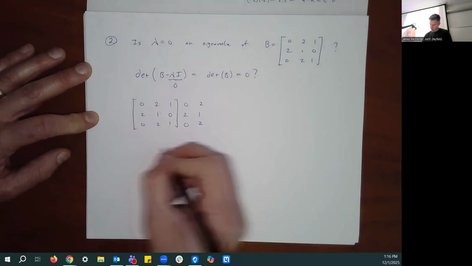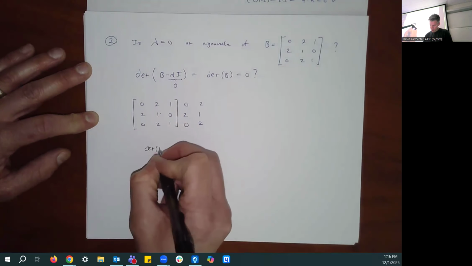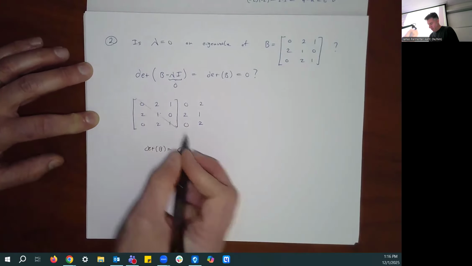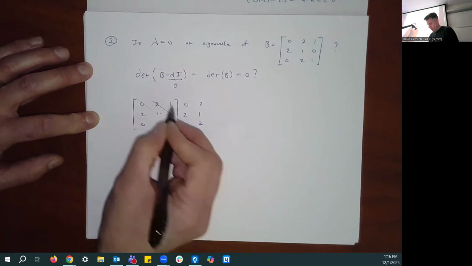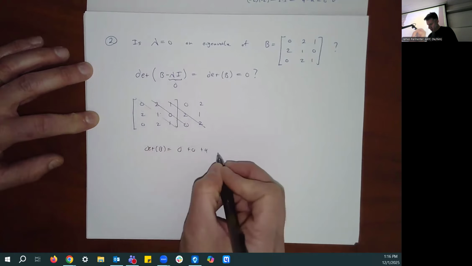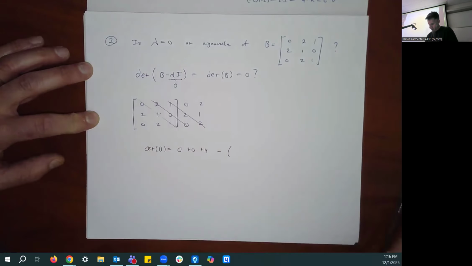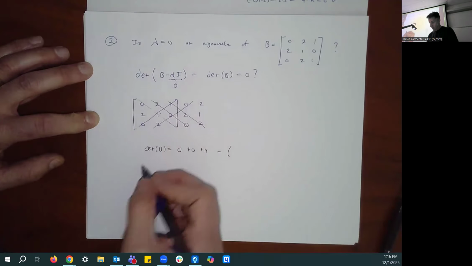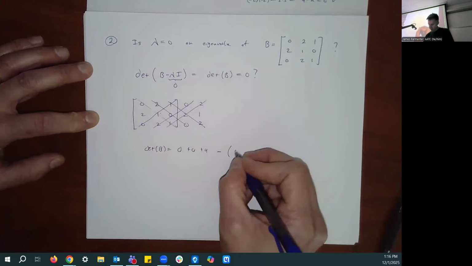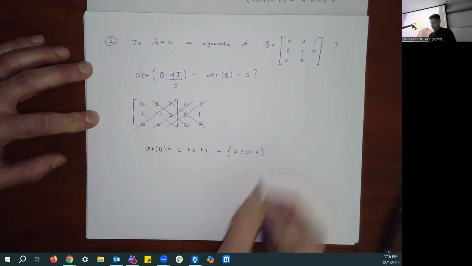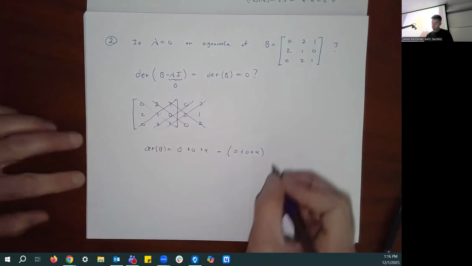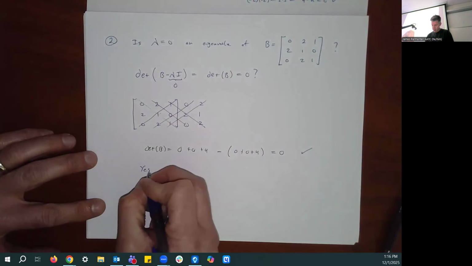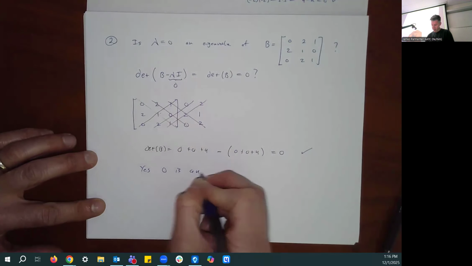To find the determinant of B, we're going to say it's equal to 0 times 1 times 1 is 0, 2 times 0 times 0 is 0, 1 times 2 times 2 is 4, minus 1 times 1 times 0 is 0, 0 times 0 times 2 is 0, 2 times 2 times 1 is 4. So those are going to subtract to 0. So yes, 0 is an eigenvalue of this matrix.